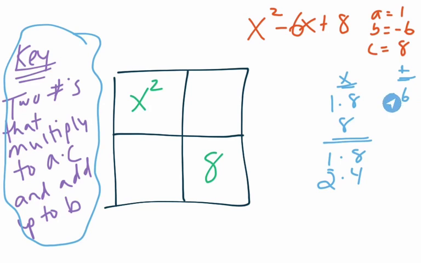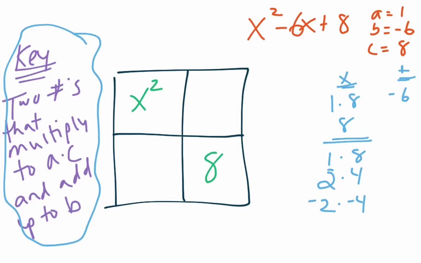Now we want to be careful because we don't want a 6. We need a -6. But if they are both negative, we should be okay. Double check it before we go any further. -2 times -4 gives me +8. And some of you are really fast and loose with whether or not a number is positive or negative, and you can't be.